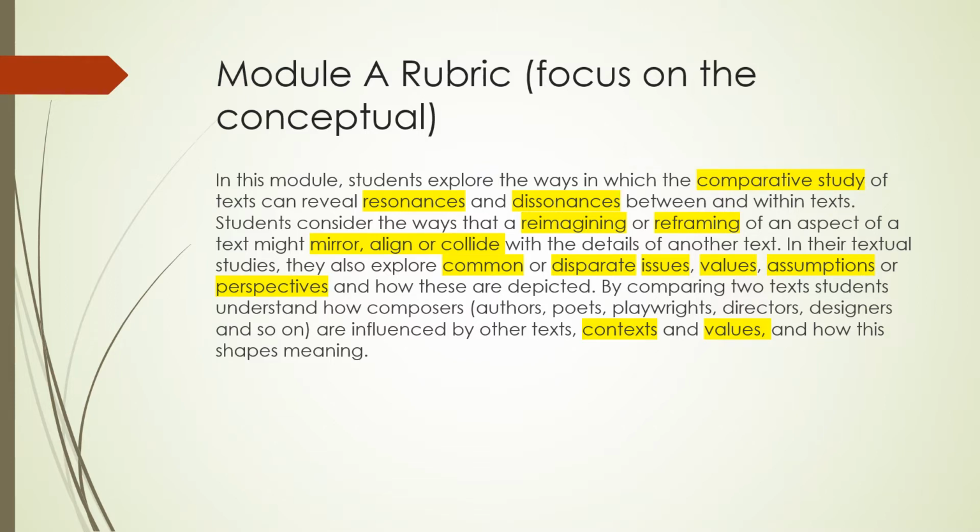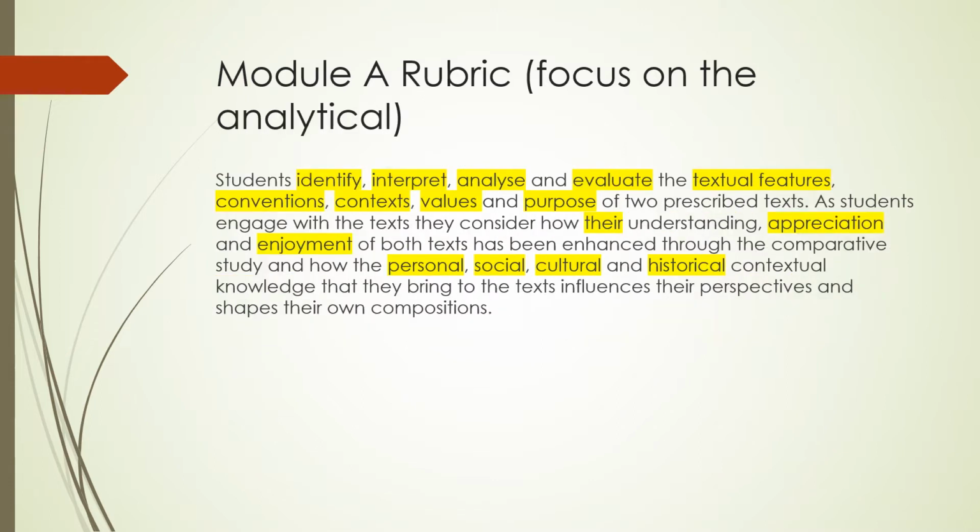Now, the first part of the rubric, as you would know, focuses more on the conceptual elements of this module, whereas the next part of the rubric focuses more on the analytical skills required throughout the module. Students identify, interpret, analyse, evaluate the textual features, conventions, context, values, and purpose of two prescribed texts.